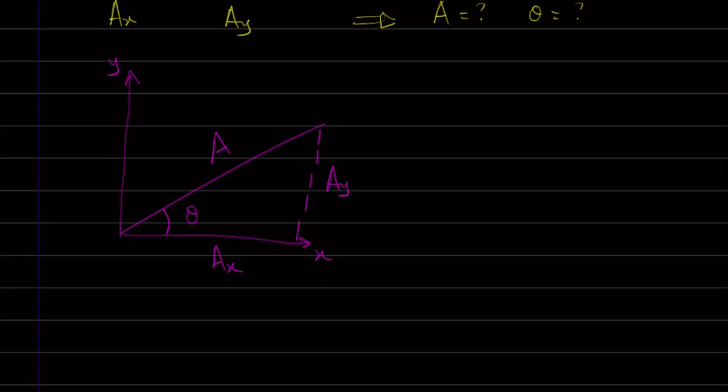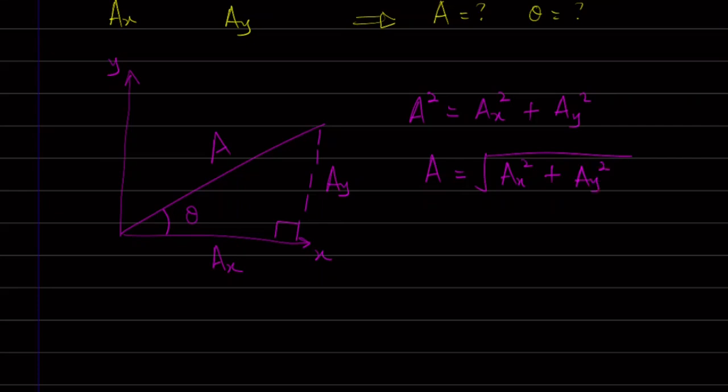Now, what we need to do is use the Pythagoras theorem to get the value for A and theta. Pythagoras theorem says that in a right angle triangle, the longest side, which represents the hypotenuse, squared is equal to the addition of the other sides, that is AX squared plus AY squared.